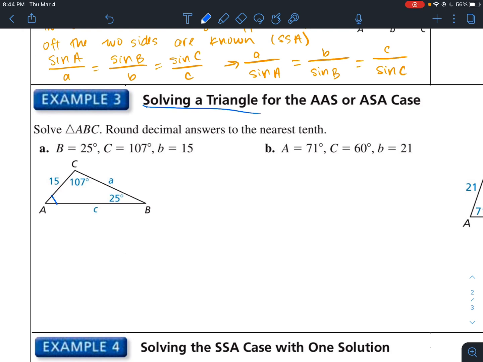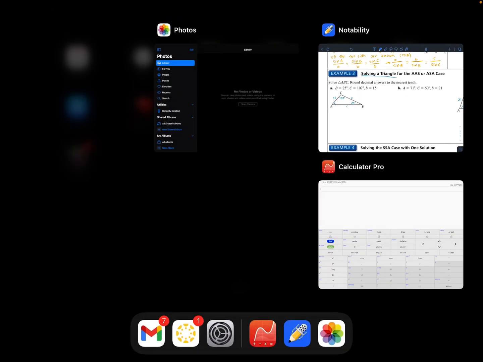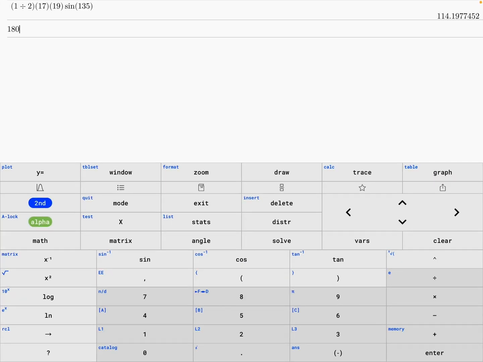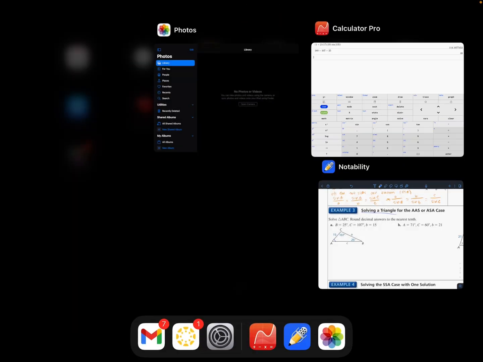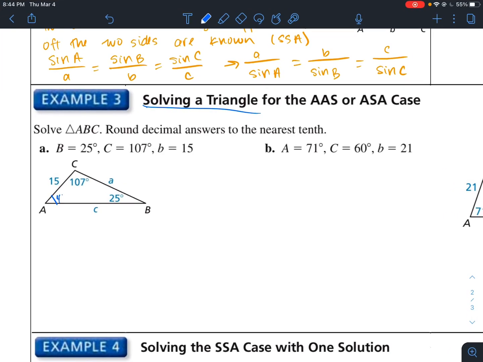So I can take 180, subtract 107 and subtract 25, and I get 48 as my missing angle. So this is 48 degrees. Alright, so angle A is 48 degrees.